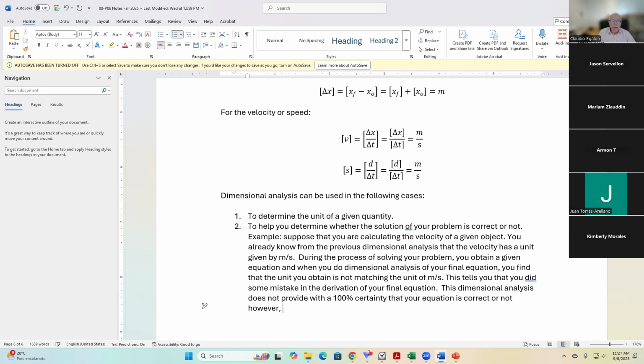However, it gives you some sense of security that at least the unit is correct. The unit is correct, okay? That was one of the applications for dimensional analysis.